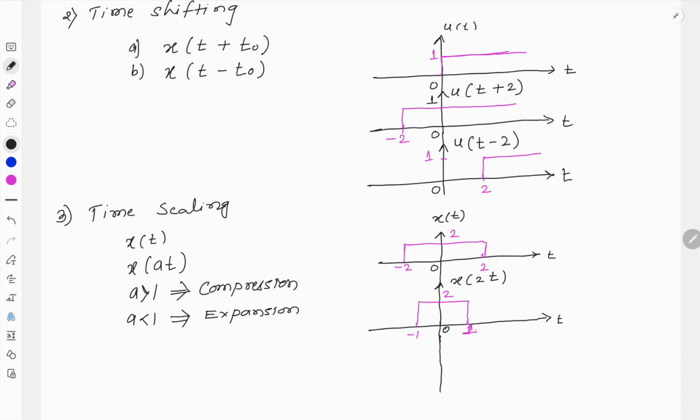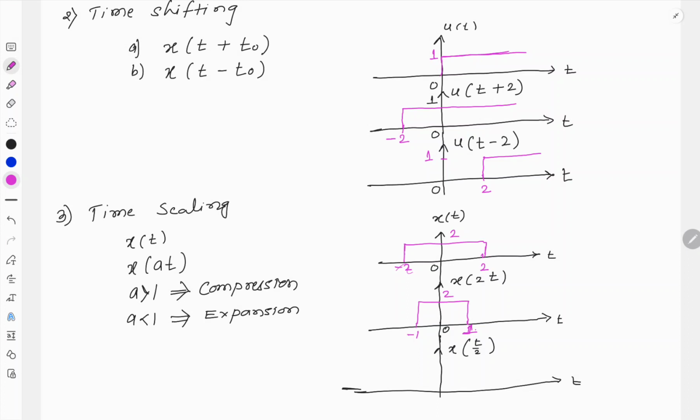Similarly, if we want to draw the next signal as, let's say, x of t by 2, in this case the operation is called expansion. So here it is division. Here we are dividing the time parameter by 2, hence multiply the time parameters in the original signal by 2.